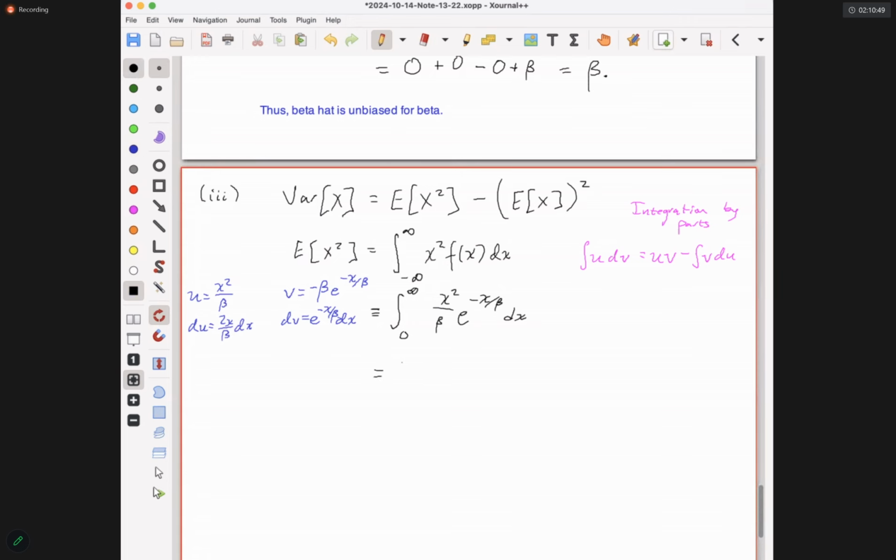We write this as the integral from 0 to infinity of, oh, sorry, not the integral yet.